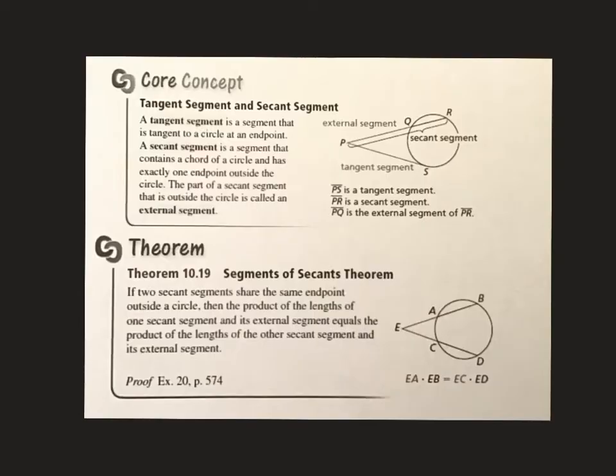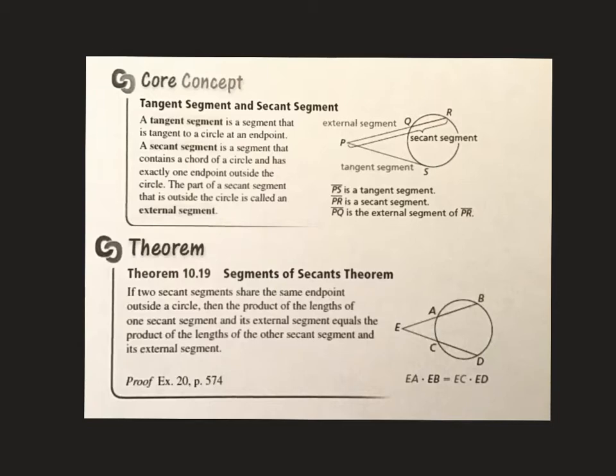So when we talk about tangents and secants and their lengths, if we have a tangent segment, then it only intersects the circle at one point. So it's just that whole tangent segment, which would be PS in that diagram. But when we have a secant segment, that intersects the circle at two places.